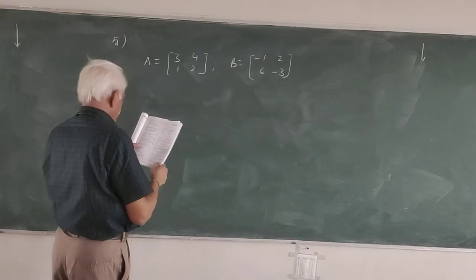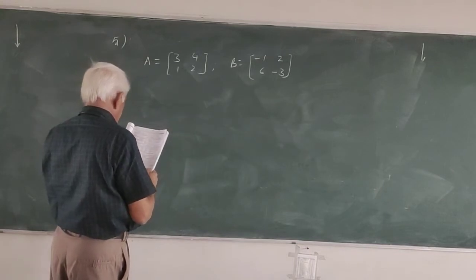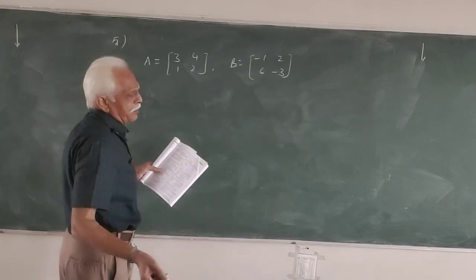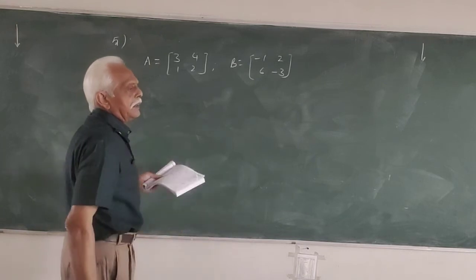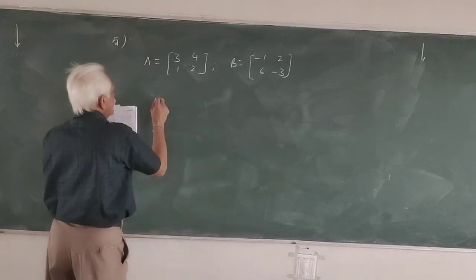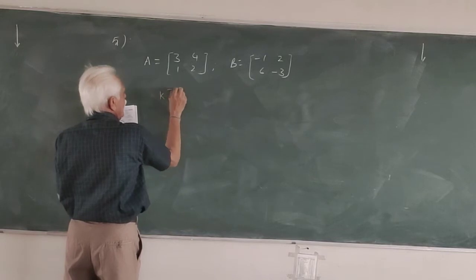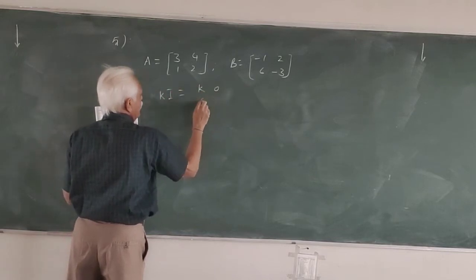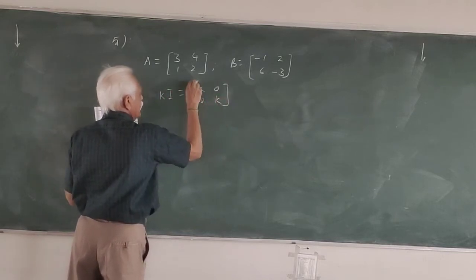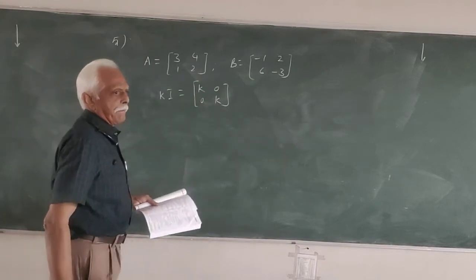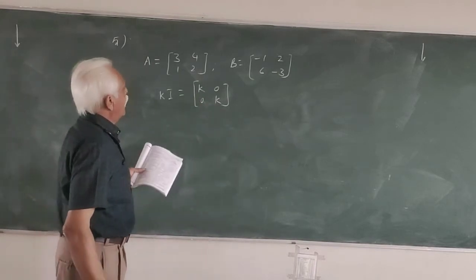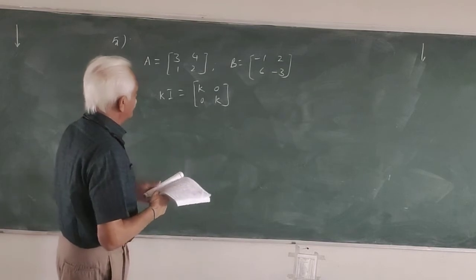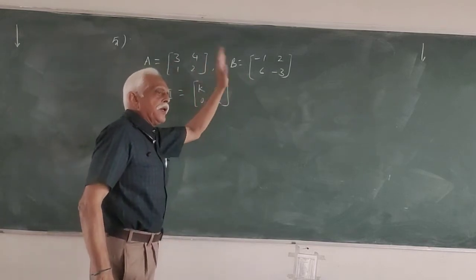Now, K is a real number, and I is automatically the identity matrix. KI is nothing but K, 0, 0, K. AB commute means AB is equal to BA.